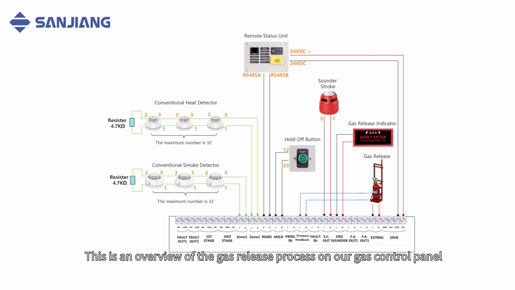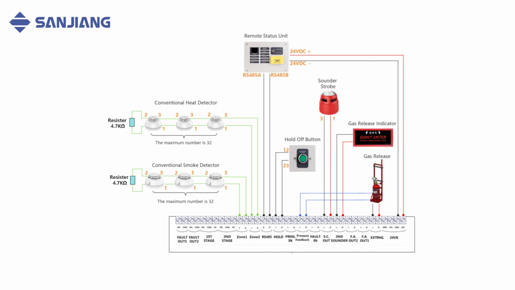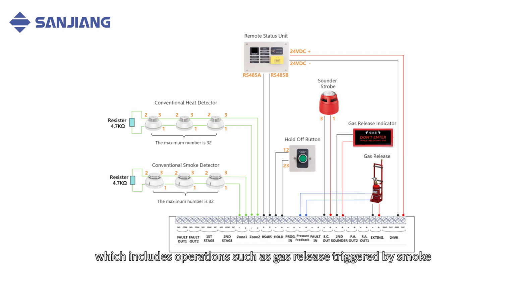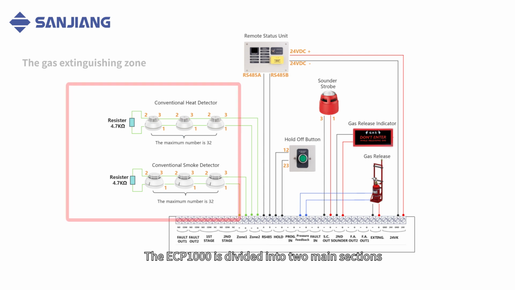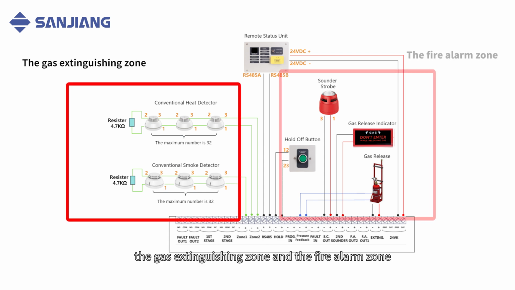This is an overview of the gas release process on our gas control panel, which includes operations such as gas release triggered by smoke and temperature alarms, manual gas release, and system reset. The ECP1000 is divided into two main sections, the gas extinguishing zone and the fire alarm zone.